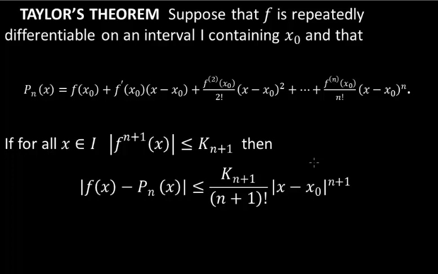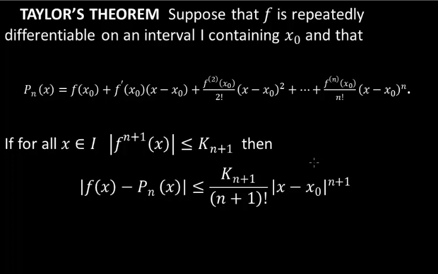Taylor's theorem tells us about the accuracy of estimating a function with a Taylor polynomial. Notice p sub n of x here is just the front end of a Taylor series, where you chop off the tail after n terms.